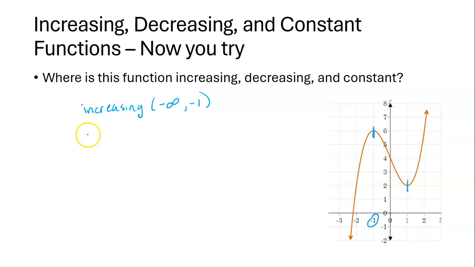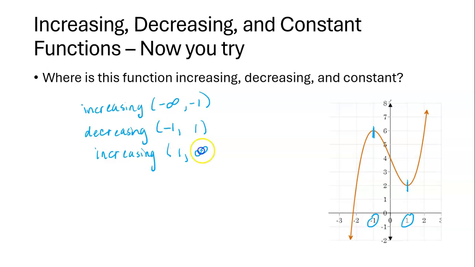Okay. It's decreasing from -1 to 1. And then it increases again from 1 to infinity. This function is never constant.